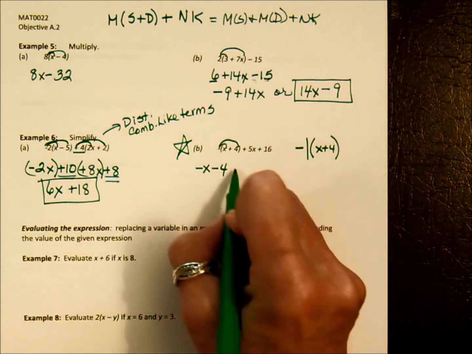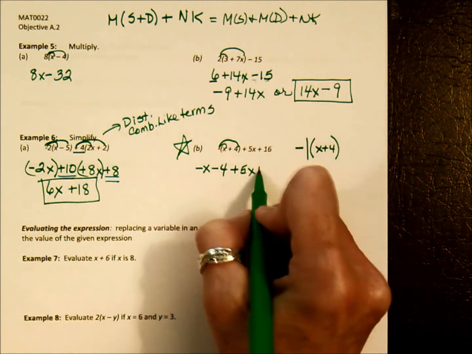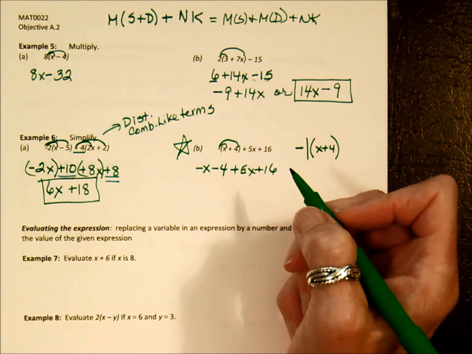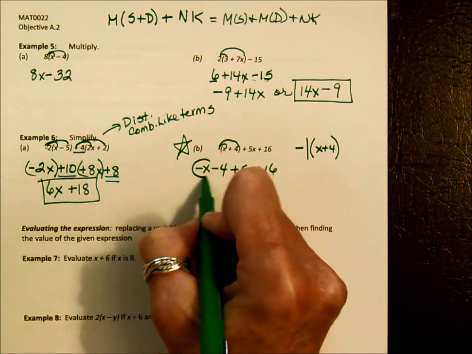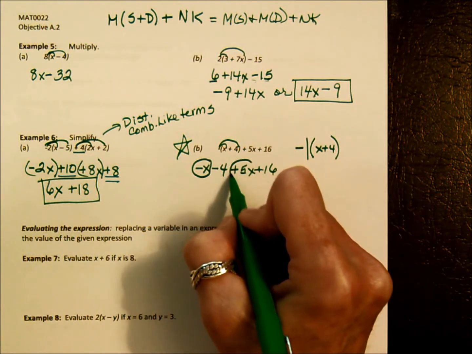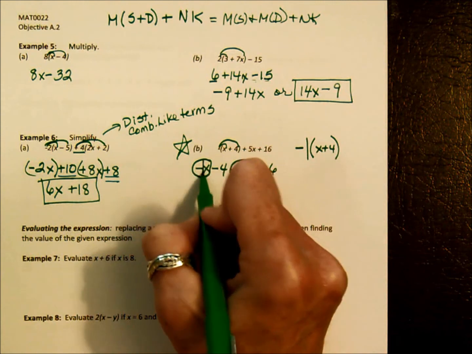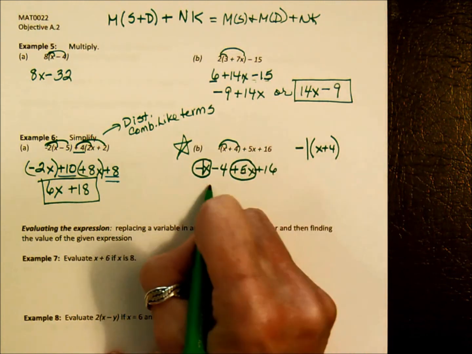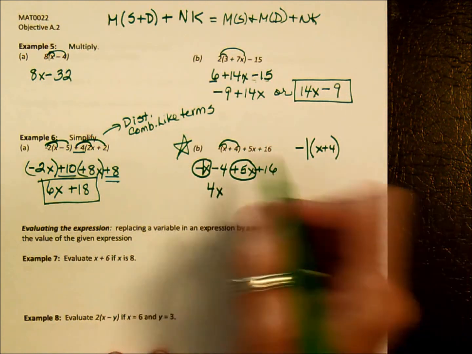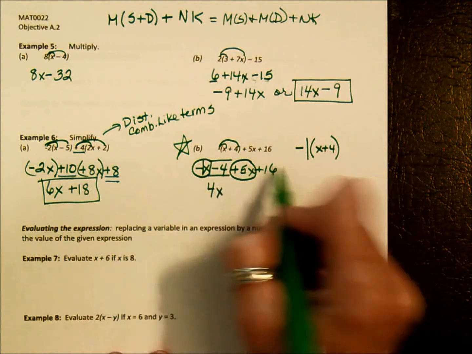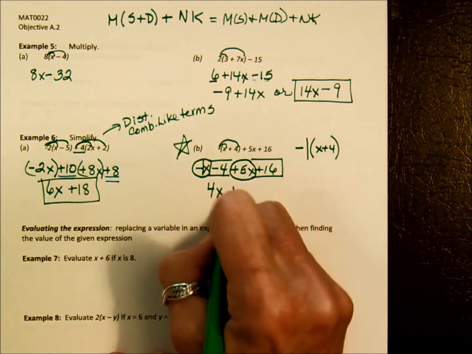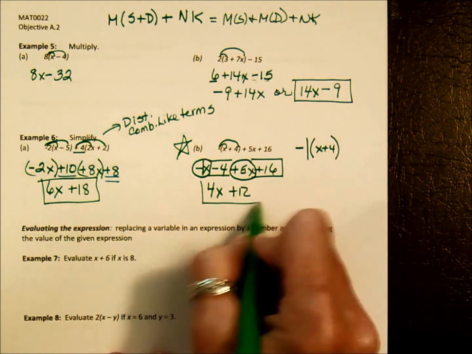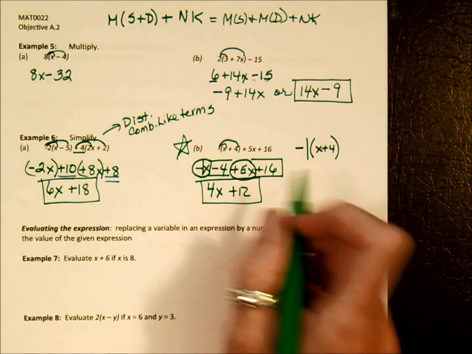And then we have plus 5x plus 16, those neighborhood kids. Now we combine like terms. Negative x and positive 5x. So a negative 1 and a positive 5 is a positive 4x. And then a negative 4 and a positive 16, you have more positiveness, is a positive 12. All right?